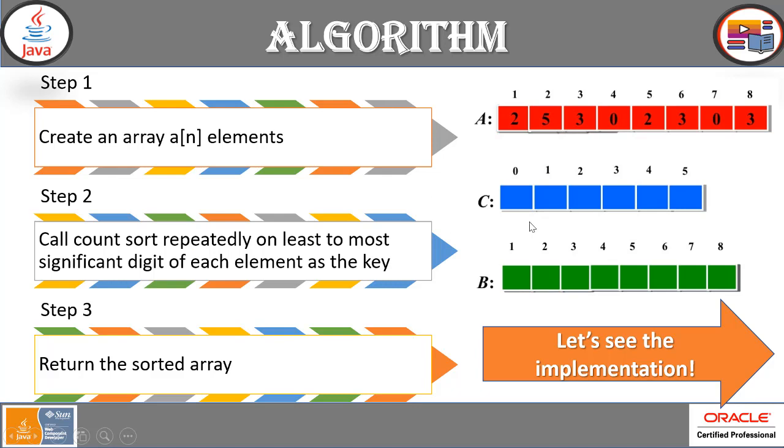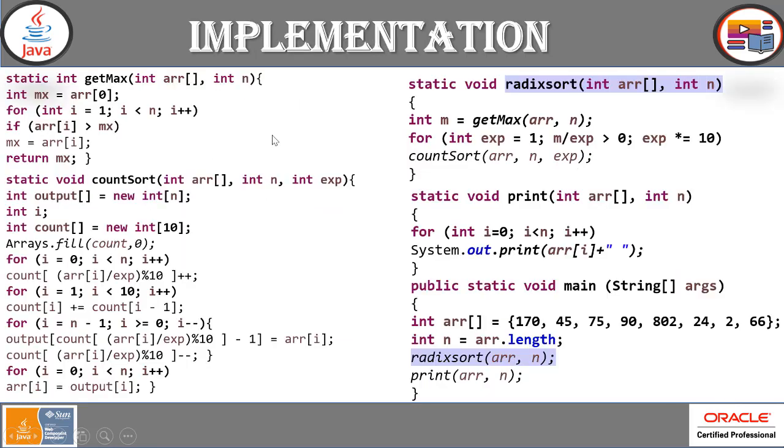Now let's take a look at the implementation. As we have seen, radix sort is based on the radix, the base. So we need to calculate the exponent, and to do that we check which is the biggest number, and then we put it in the count sort bucket, or a buffer you can say.